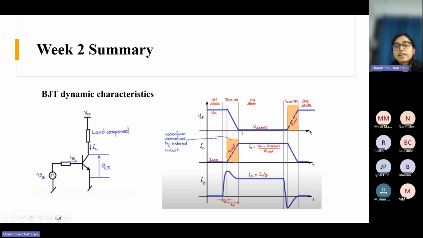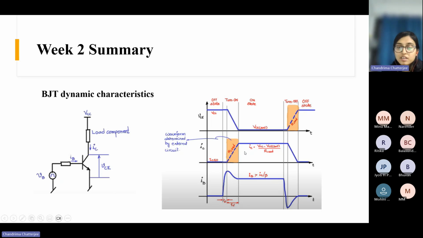While explaining the dynamic characteristics, I told you that the rise of the current will be linear only for a resistive load. But if we have any inductive or capacitive load, this doesn't have to be a linear characteristic. It may be anything, like there may be some overshoot.